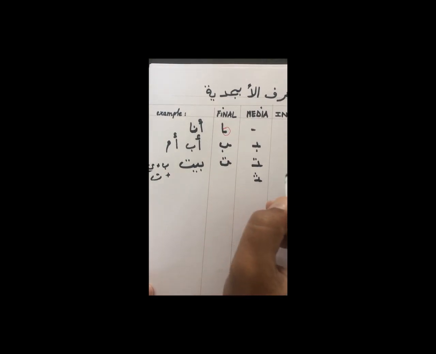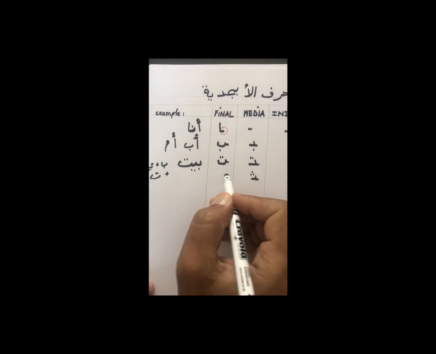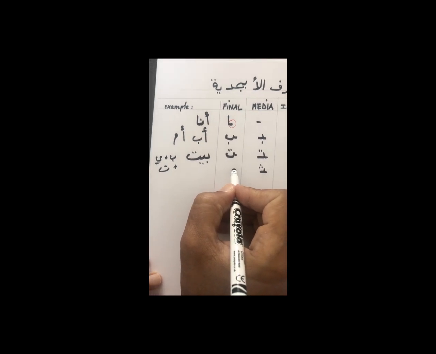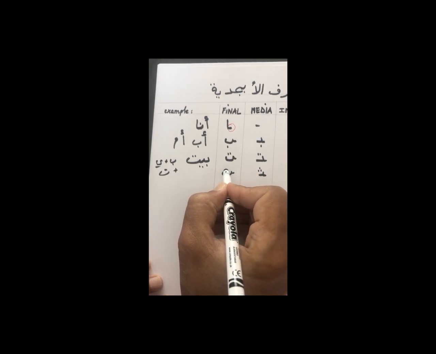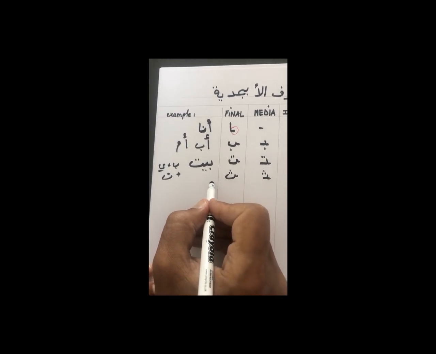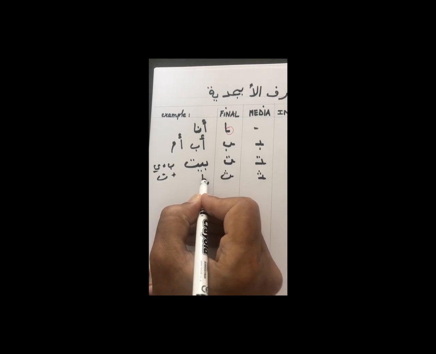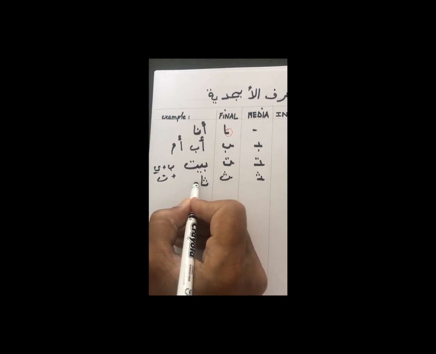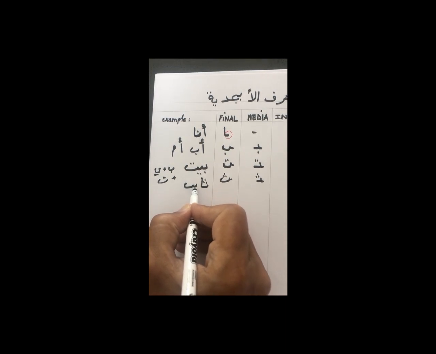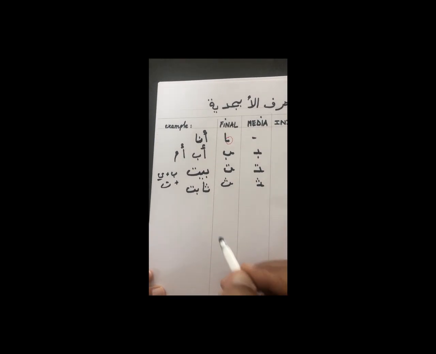And when you write it, you don't need to be bothered about the liaison and everything, so it will come naturally to you. You will do it like that, and that's it. And in here we'll give an example, thabit, using the 4 letters in one go.